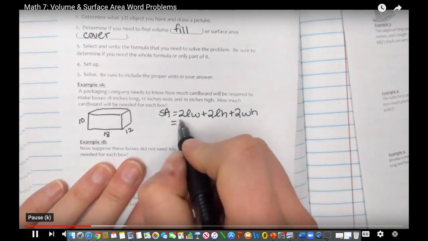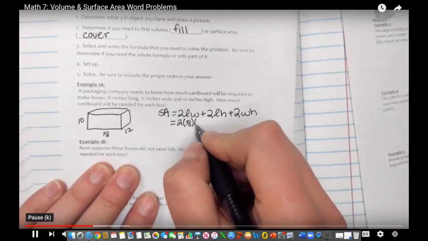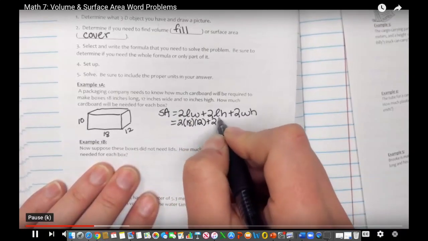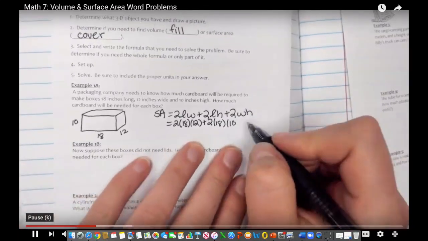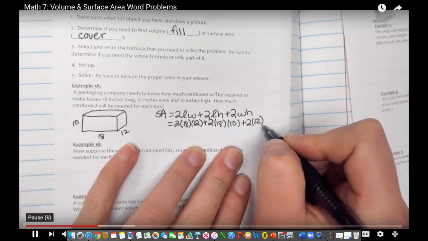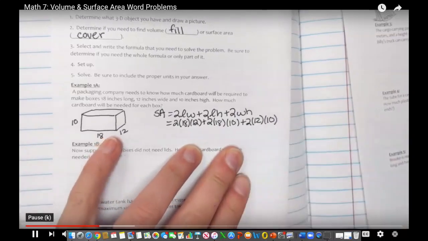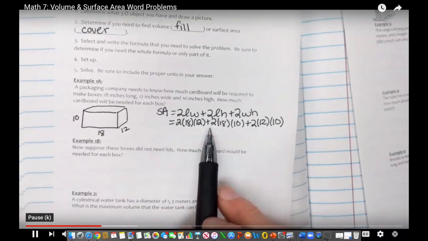So my surface area is going to be 2, length is 18, and the width is 12. Plus 2 times the length is 18, and the height is 10, plus 2 times the width is 12, and the height is 10. So I'm going to do this in 3 separate pieces because they're separated by plus signs.